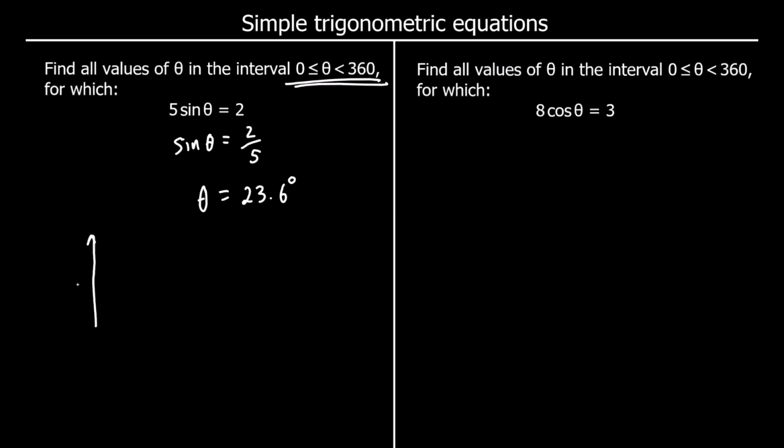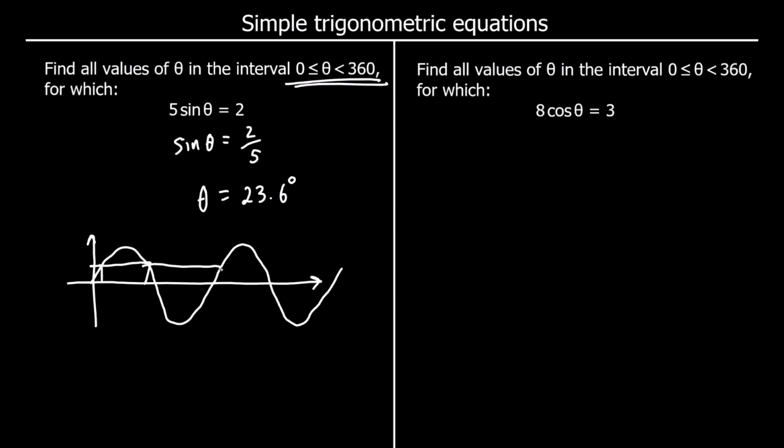If you remember the sine graph, it looks like this. So there's lots of angles at which it's equal to 2/5. How can we find the second answer? We can either use the symmetry in the graph, or we can use the CAST diagram.